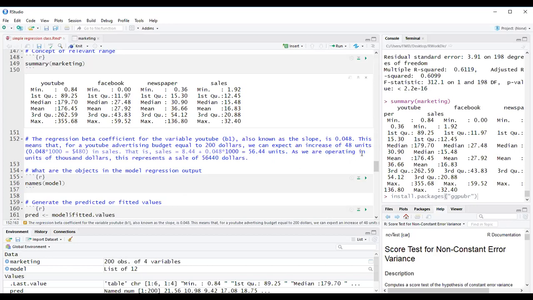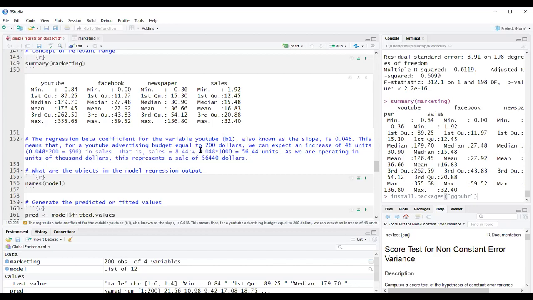We expect an increase of 0.048 times 200. So what's this? Okay.